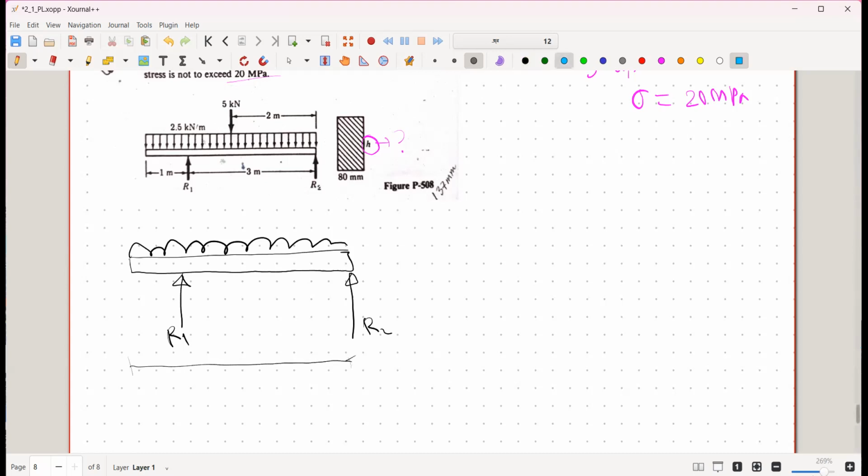The distance is this one from this system. And since the load is 2.5 kilonewton per meter and the total distance is 4, we simply multiply.